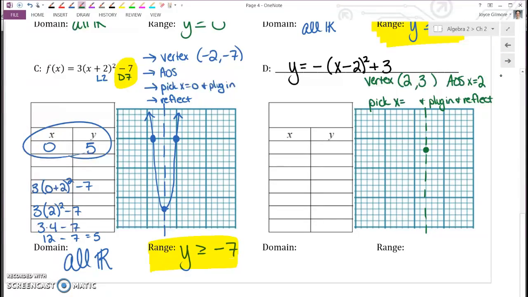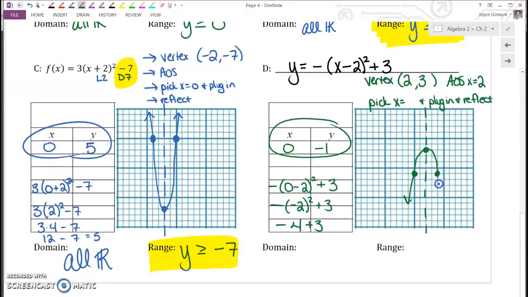I'm going to pick an x value close to my axis of symmetry. I'm going to pick 0 and plug it in to see what point I get. I got the point 0, -1, which happens to be my y-intercept and a point on the parabola. I reflect that point to the other side of the symmetry line and then sketch in my parabola.